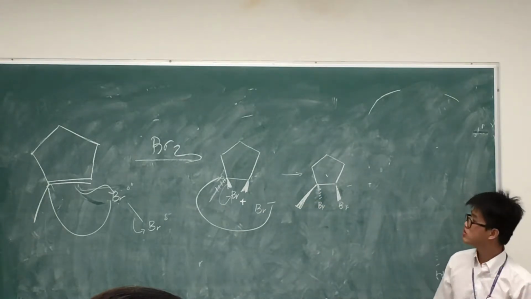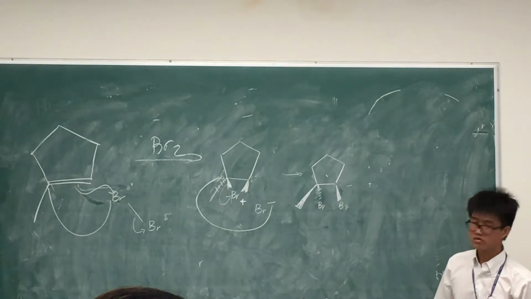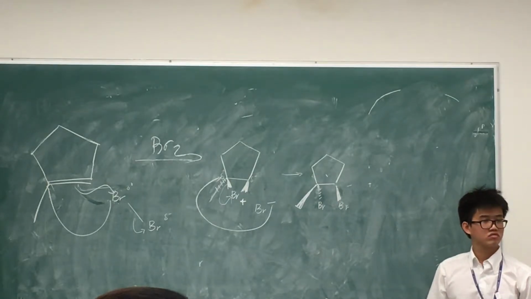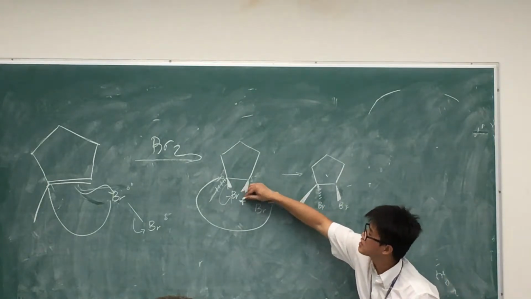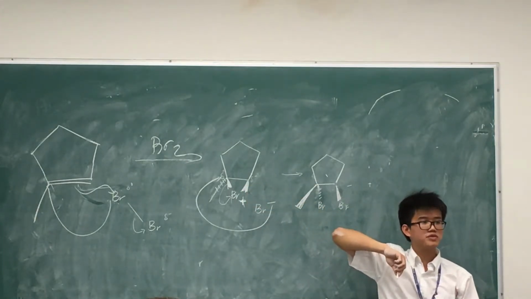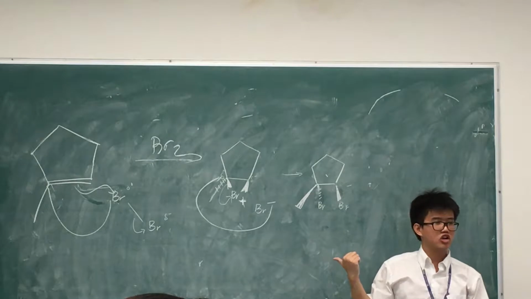I still don't get how Br forms 2 bonds there, because Br has 7 valence electrons. If it forms 2 covalent bonds, wouldn't that violate the octet rule? But again, it has a positive charge. It still has only 8 electrons. Well, if it has a positive charge, it has 6 valence electrons.